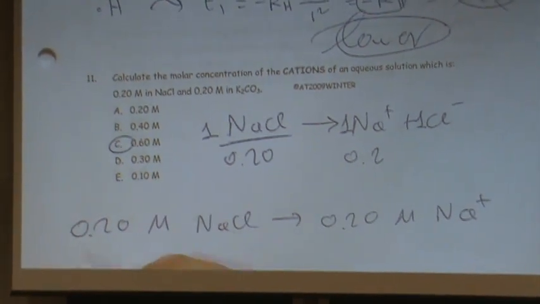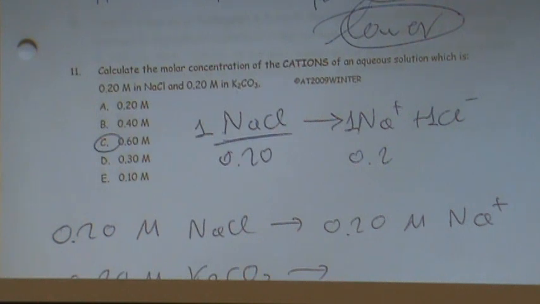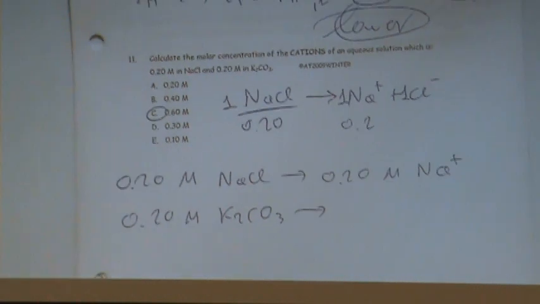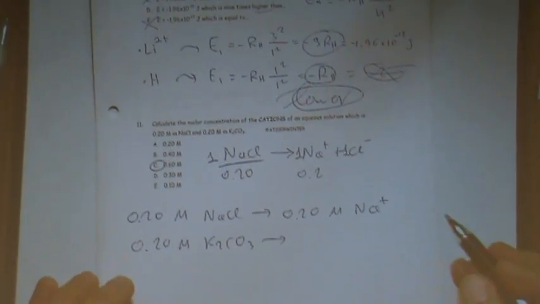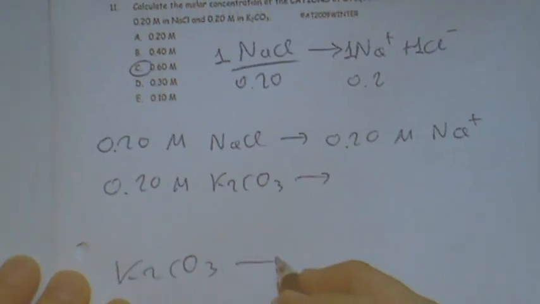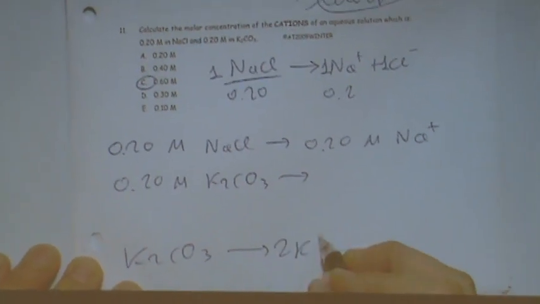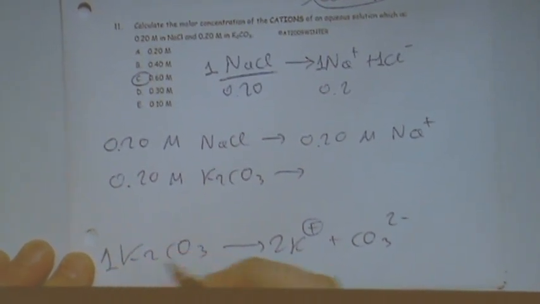Now we'll go to the next. We have 0.20 m of potassium carbonate. What will be the concentration of potassium plus in this case? How much will it be? Now we have potassium carbonate, and that one dissociates and gives you how many cations? 2. So from 1 you get 2.